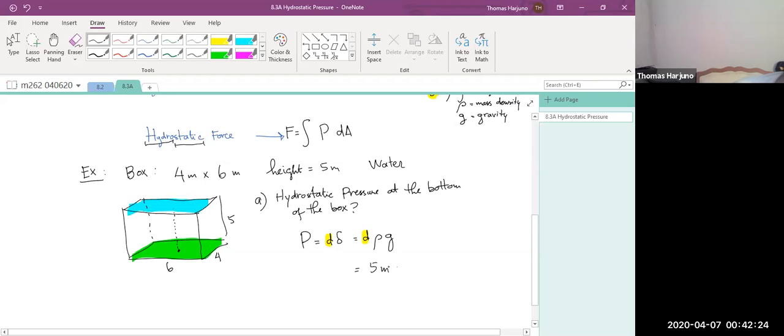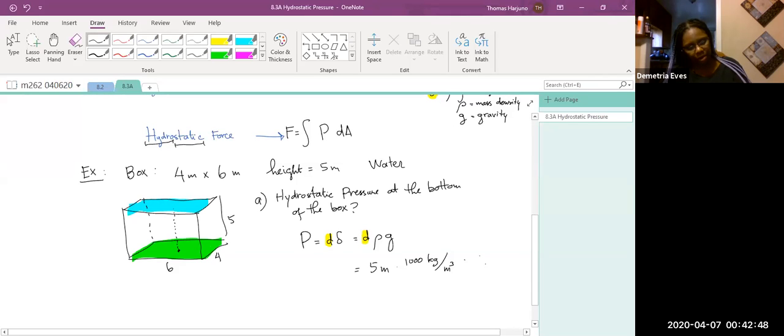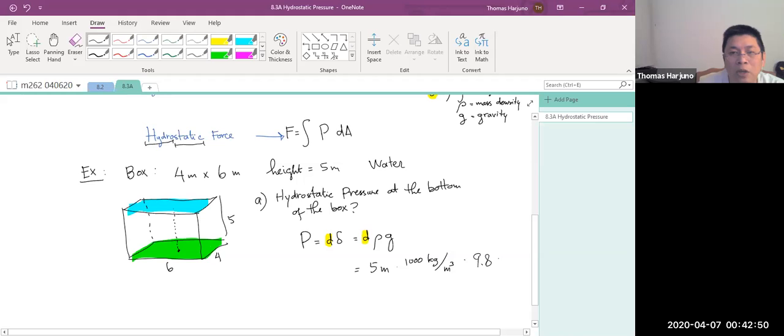The mass density of water is 1,000 kilograms per cubic meter. And then g is 9.8 meters per second squared.